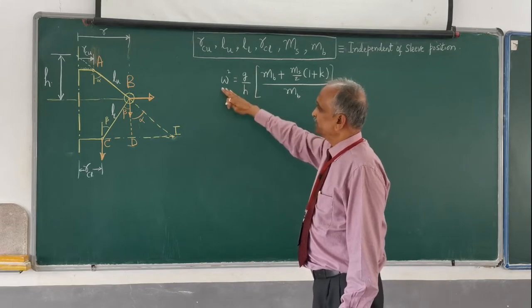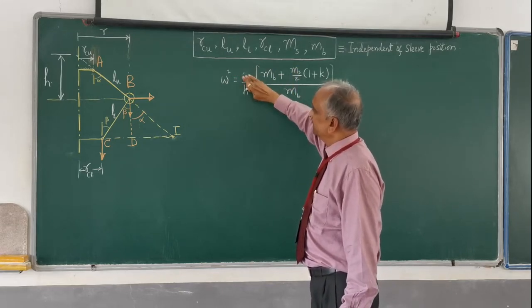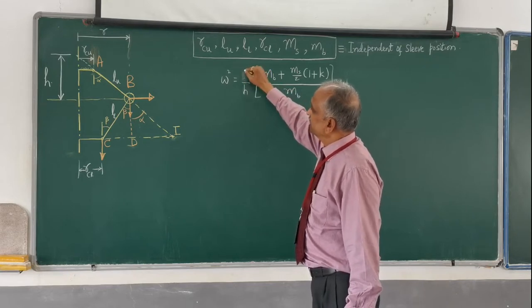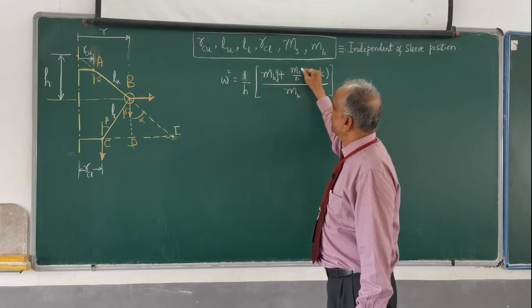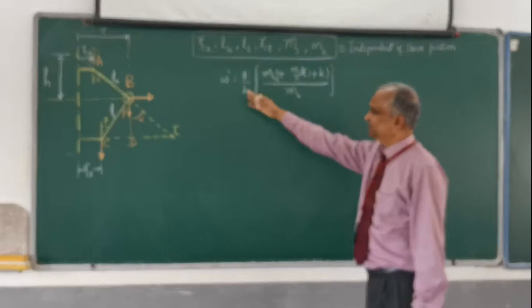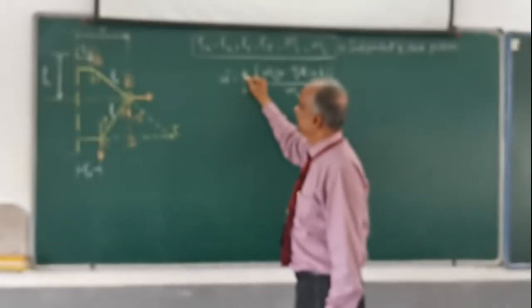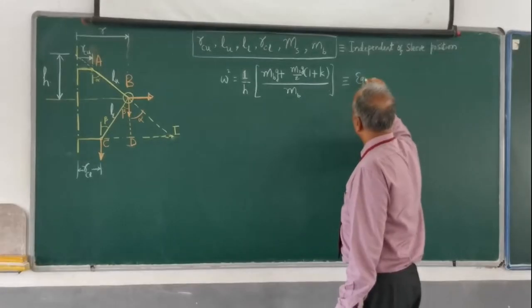The only modification I would like to make is in this G; I would like to send it inside, and therefore I shall rewrite it. This omega square is equal to MB into G into MS into G divided by 2 into 1 plus K. A small modification I have made, and this is what I call the equilibrium speed.